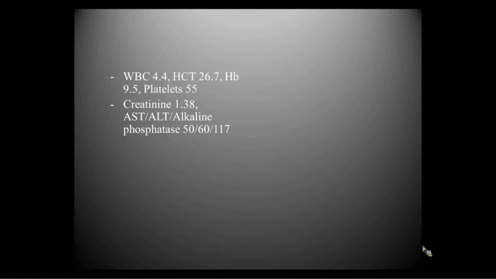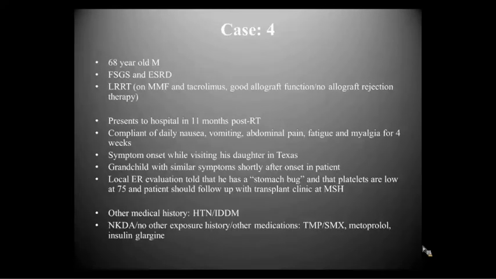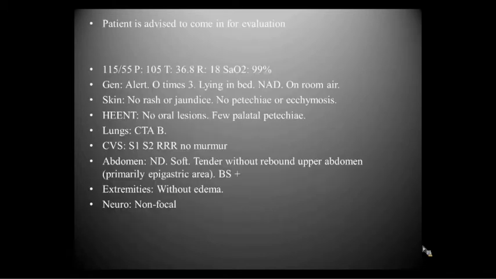I guess the key here is that he's 11 months post-transplant, and if you look at his medicines, what is he not on? Yeah, exactly. He's not on the valganciclovir. So he's finished his prophylaxis. At this point in time, even someone who's high risk would have finished their prophylaxis.